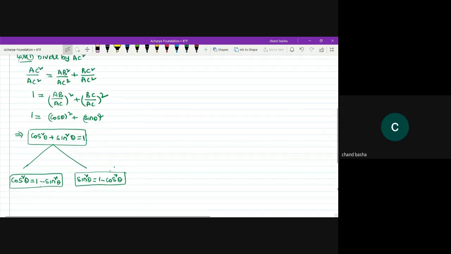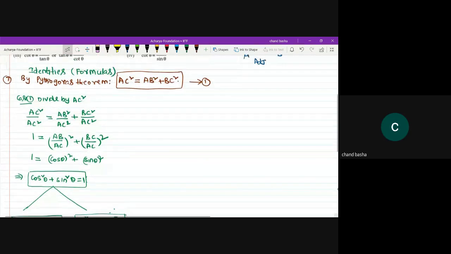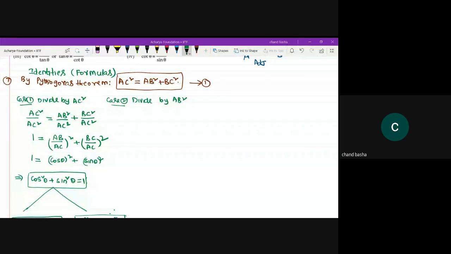Now I can go for the second case, case number 2. Divide the above equation by AB square. The first one was AC square, next is AB square.